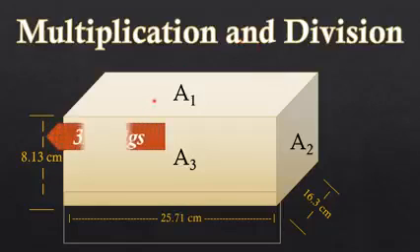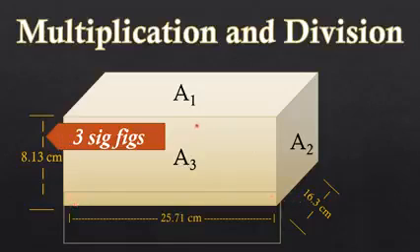So in case of area 1, we have the width and we have the length. Okay, in area 2 involved our height and width, while area 3 naman we have the height and the length.